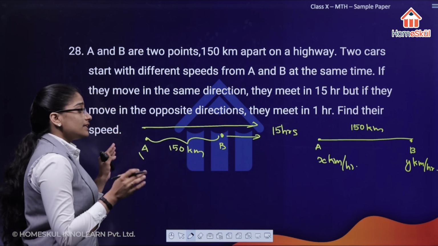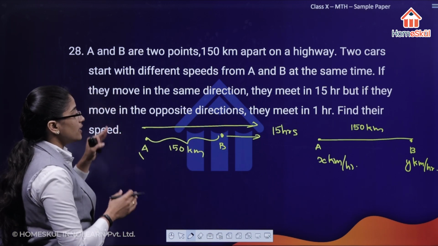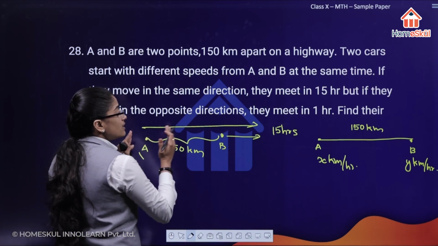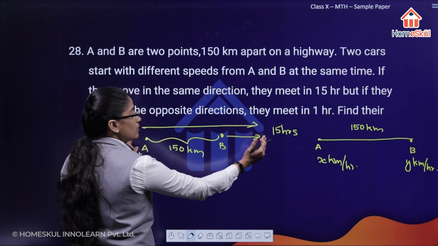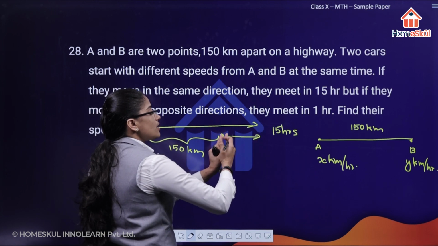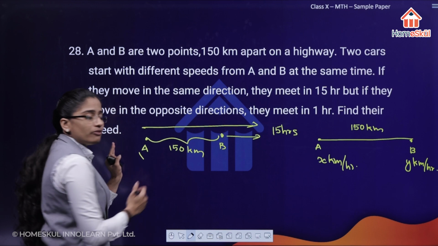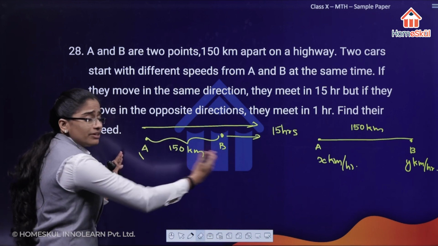Are you getting the point? That means we are considering the first scenario, where both the cars are moving in the same direction. So, the distance traveled by car A in 15 hours minus the distance traveled by car B in 15 hours, its difference will be 150 kilometers. That means the distance between these 2 points.